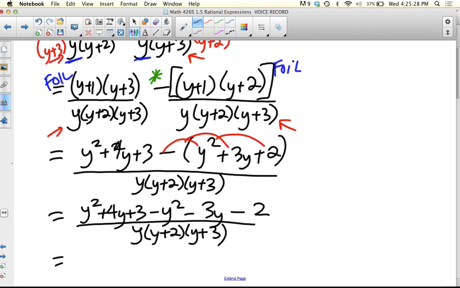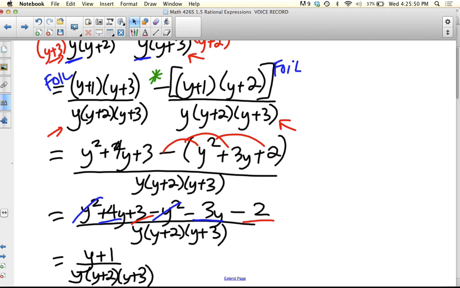The y squares cancel. 4y minus 3y is just y, and 3 minus 2 is just plus 1. So we have (y plus 1) over y times (y plus 2)(y plus 3).